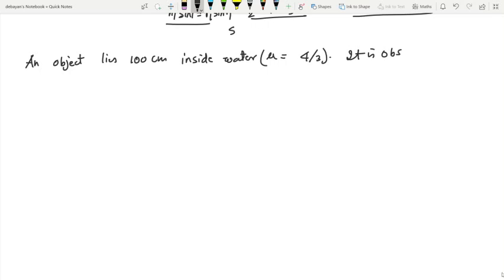It is observed, or you can say it is viewed from air nearly normal. So find the apparent depth.